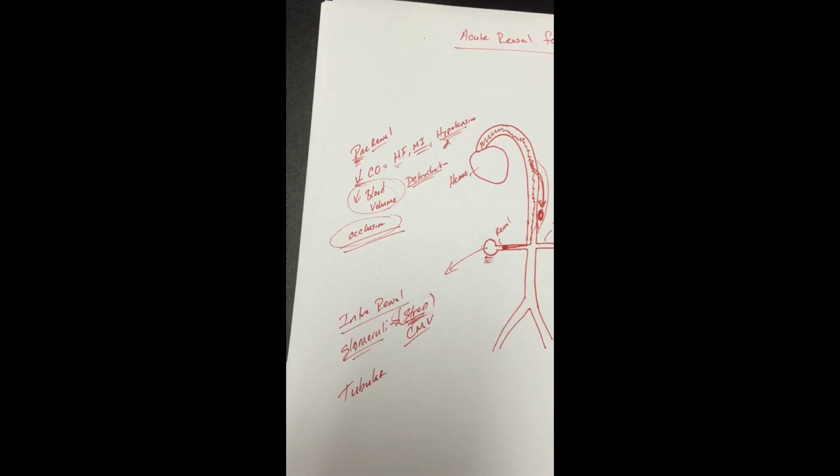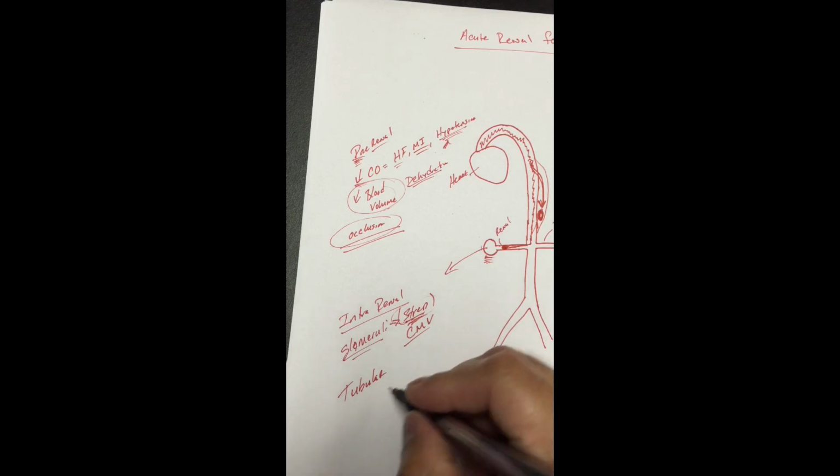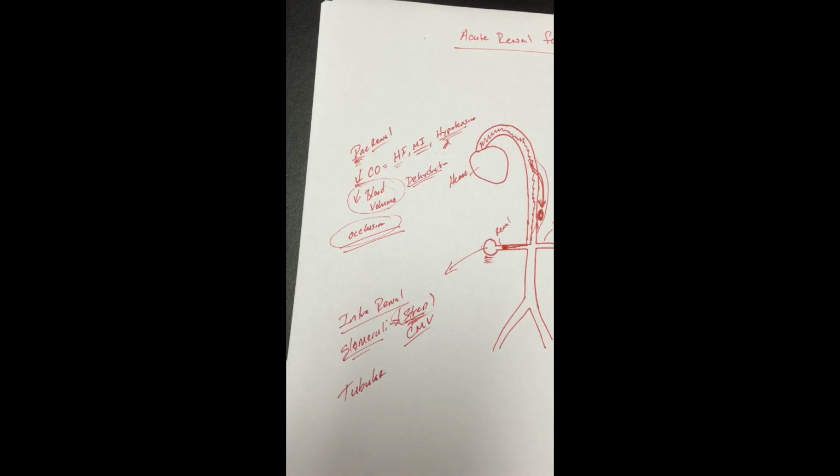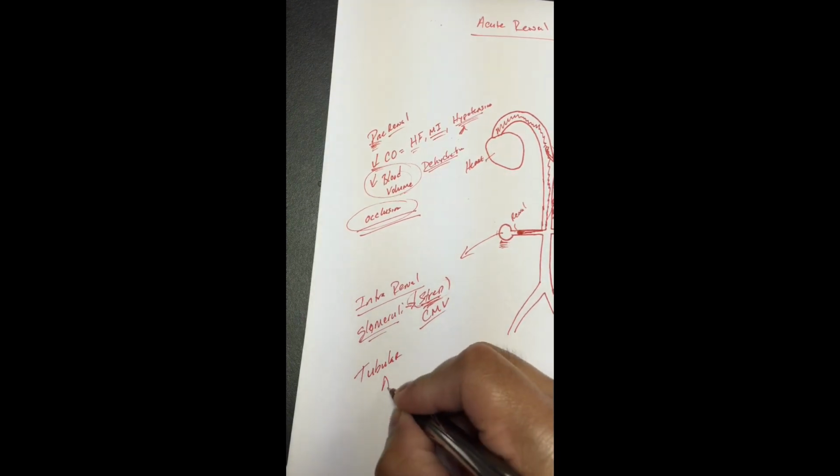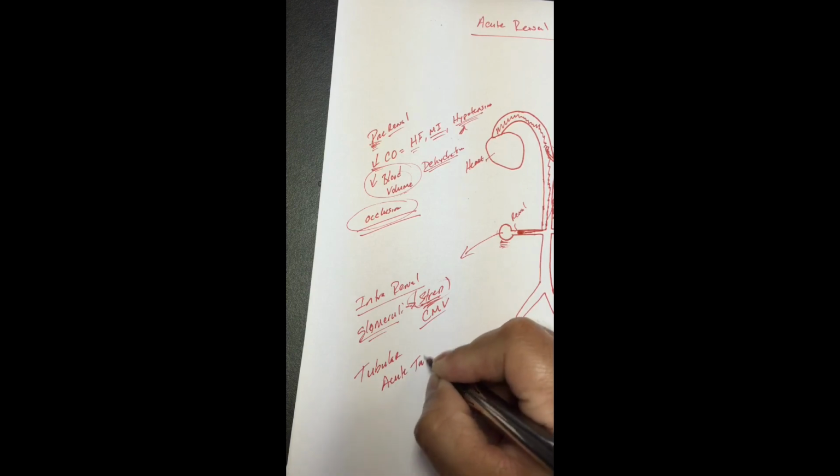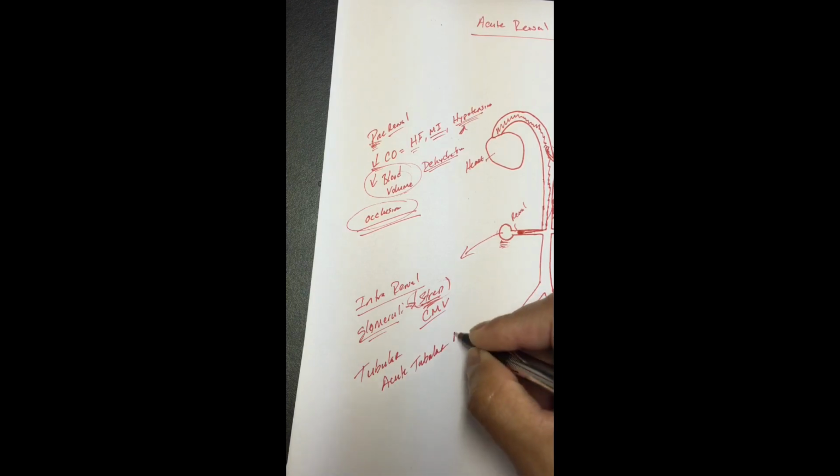Now, if the tubules are damaged, you end up with acute tubular necrosis. Now, this is the most common form of intrarenal failure. Again, acute tubular necrosis.